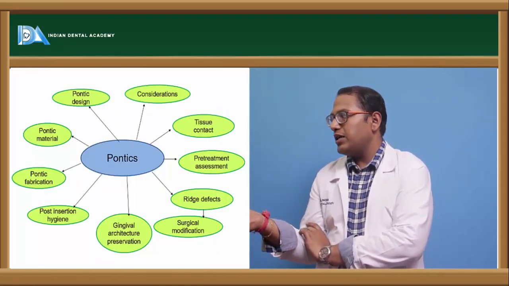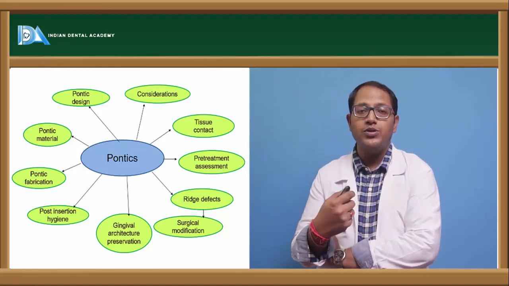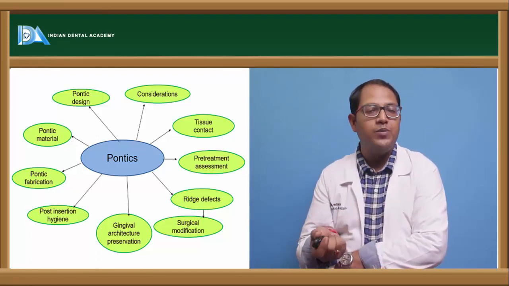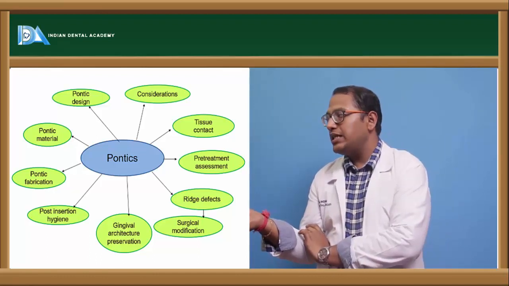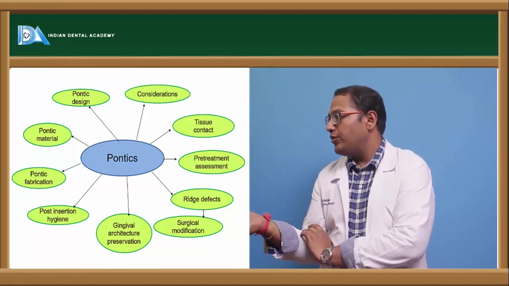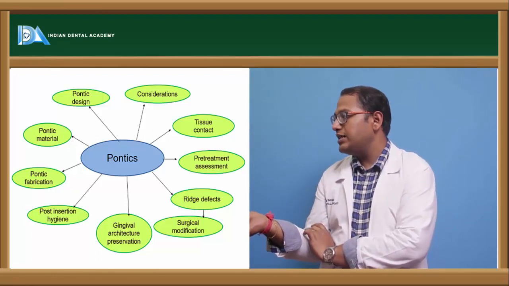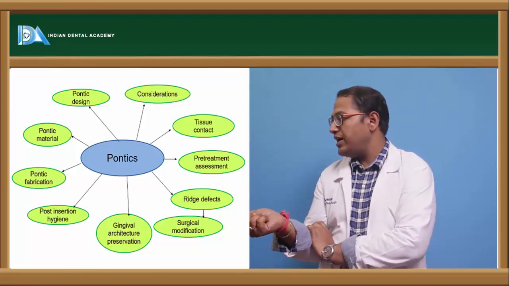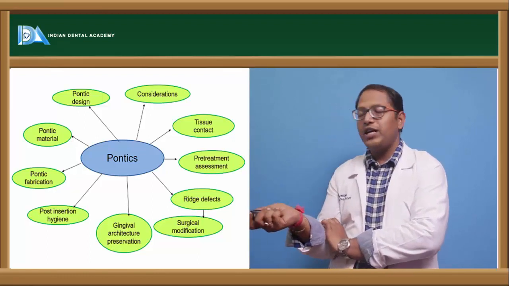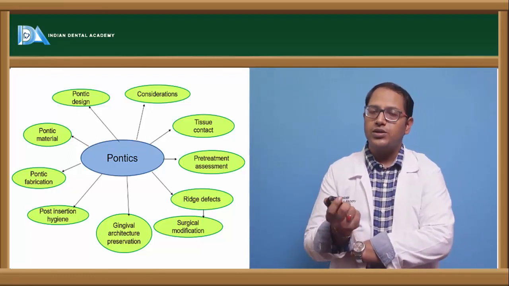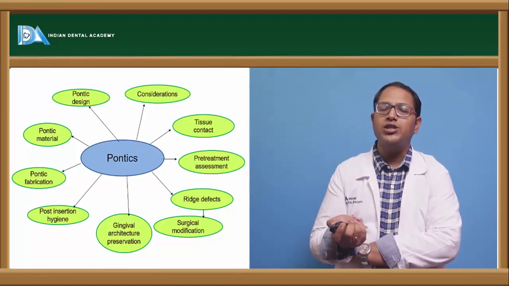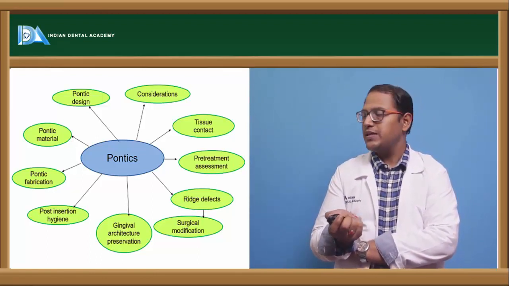Now in Pontics, what are we supposed to think about? We are supposed to think about what the characteristics of a Pontic are. We have to find out the different designs of Pontic. What are the materials that we can make Pontics from? What is the Pontic fabrication, how is it done? The gingival architecture, preservation, and the surgical modifications if required. Why will we require any surgical modification? We will require surgical modification if there are any Andrews ridge defects.